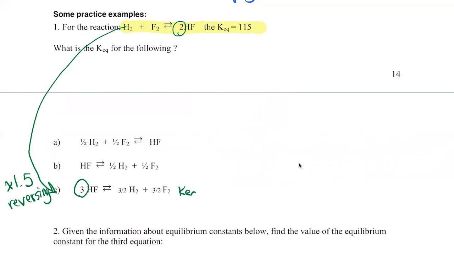So KEQ for this reaction, so KEQ prime, we can call it, is going to be equal to 1 over the original KEQ to the power of 1.5.